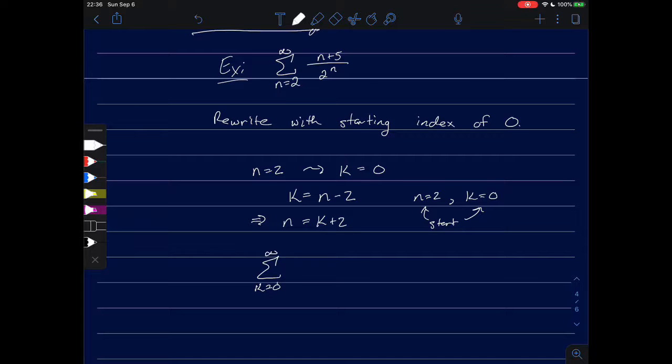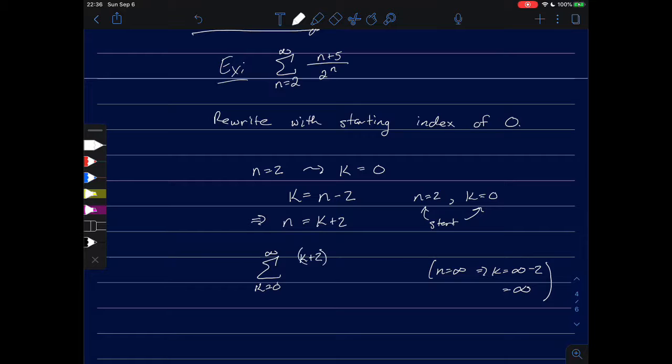So now we can rewrite our sum as k equals 0 to infinity, because if n is equal to infinity, then k is equal to infinity minus 2. And that doesn't really change anything because infinity minus 2 is still infinity. So we're good on our bounds.